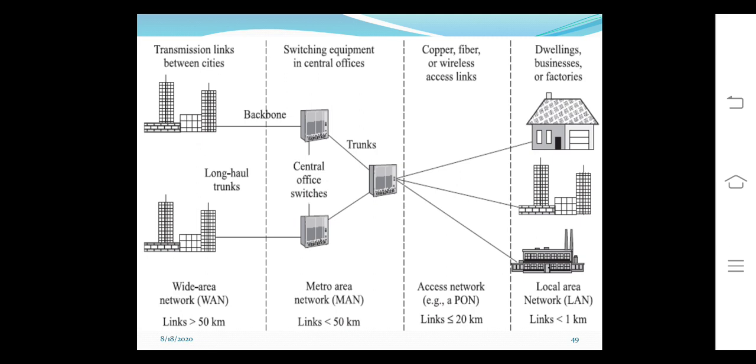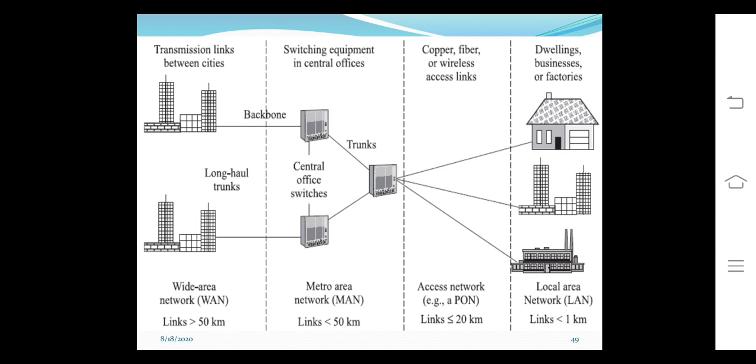So in this diagram we can see a WAN, which covers a distance of up to 50 kilometers. Many buildings are connected, and trunks will be connecting over long distances.